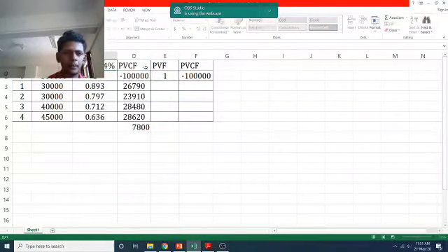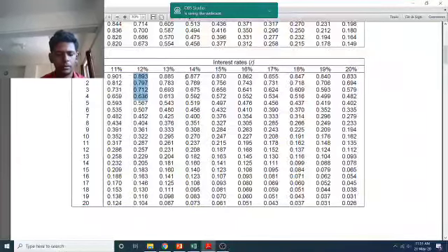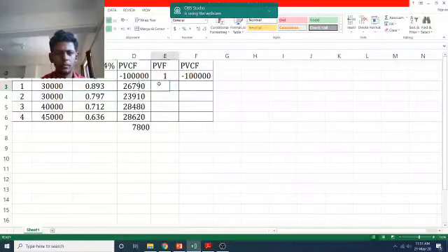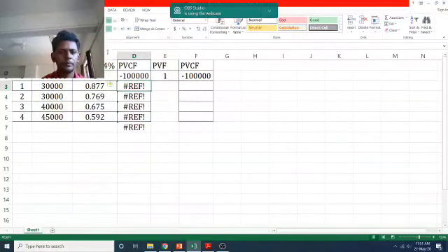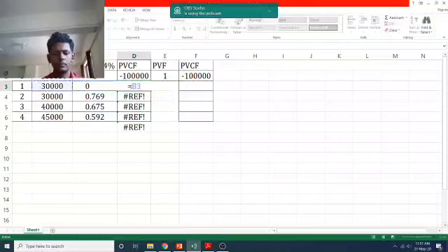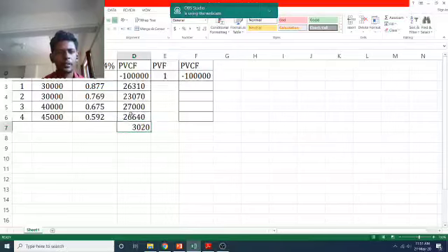I'll take 14%. Still, even after taking 14%, the present value of cash inflows is more than the present value of cash outflows.